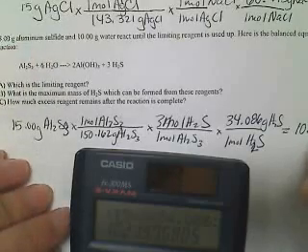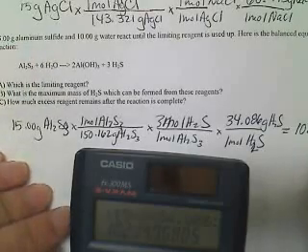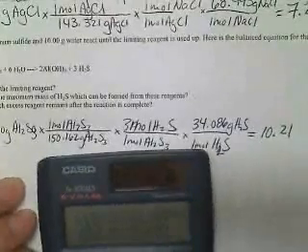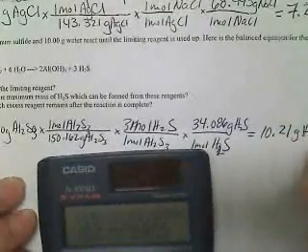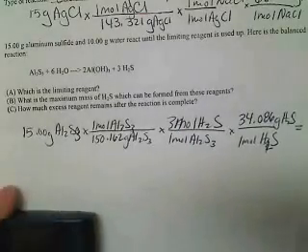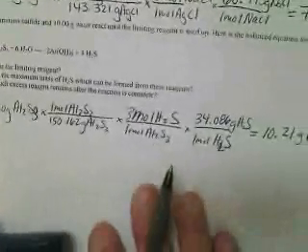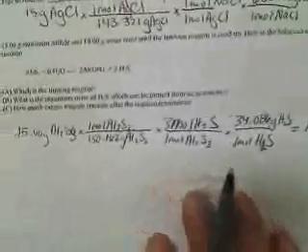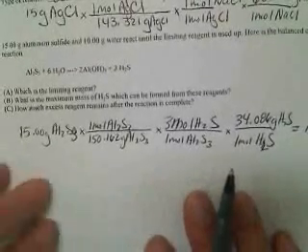I can have 4: 10.21 grams of H2S. So if we had 15 grams of aluminum sulfide, we would get 10.21 grams of H2S.